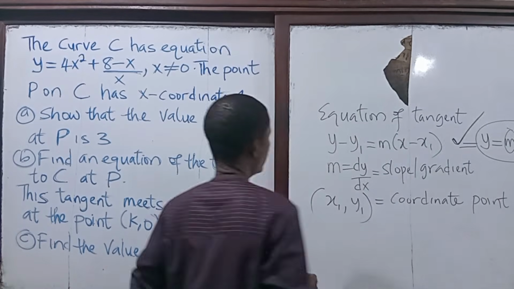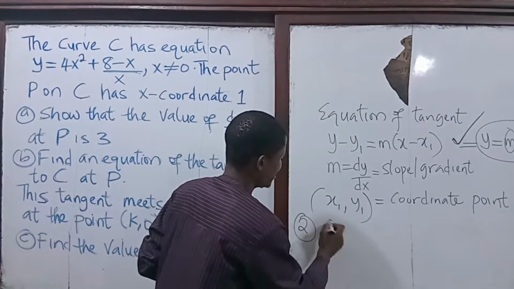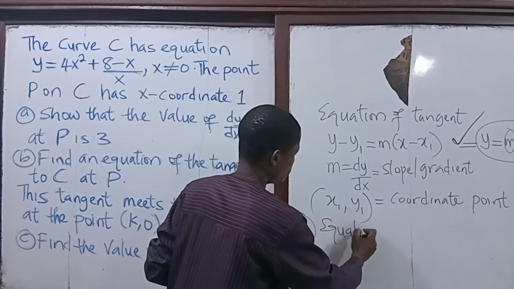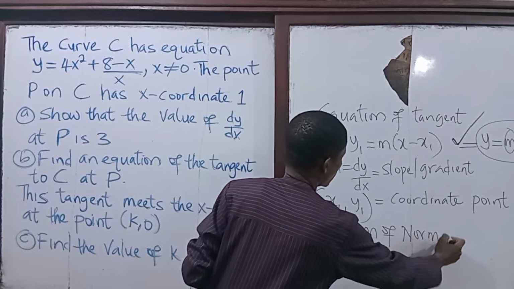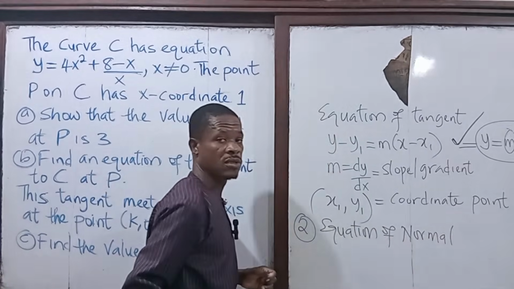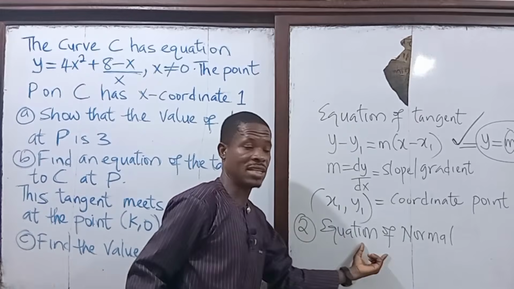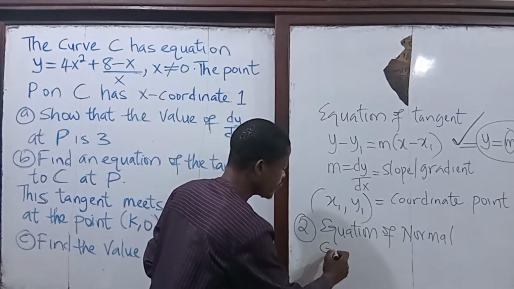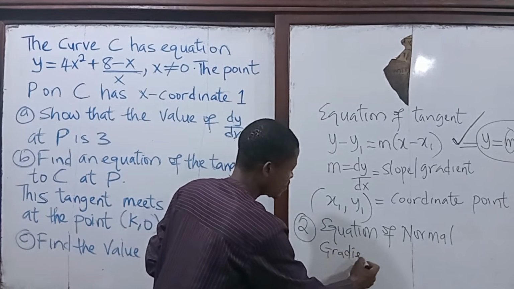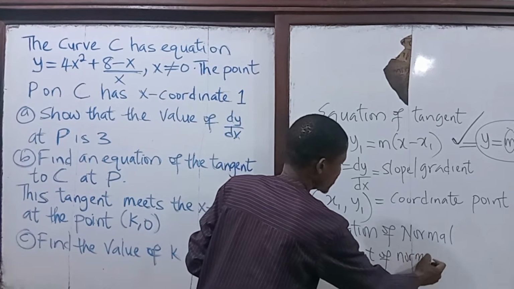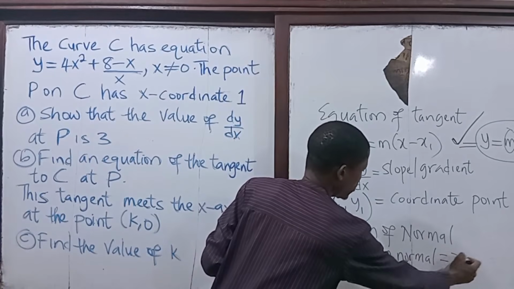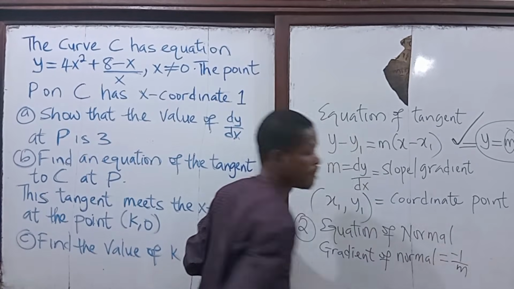And then the next one we said is the equation of normal. If you are looking for the equation of normal, we need to get the gradient of normal, which is -1 over m.